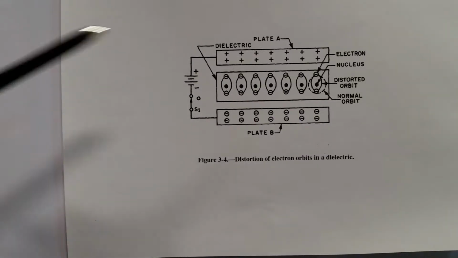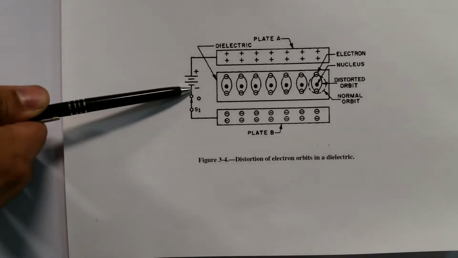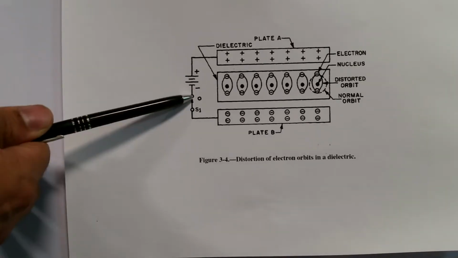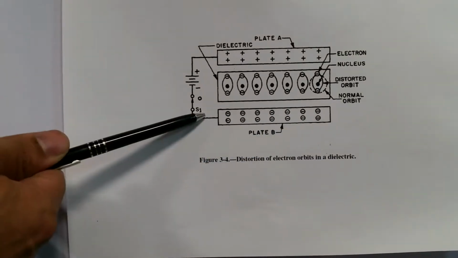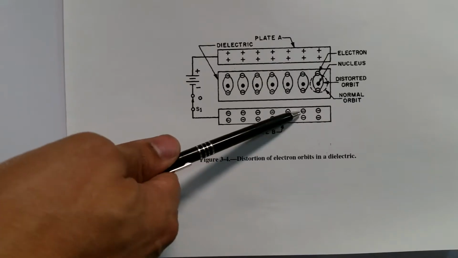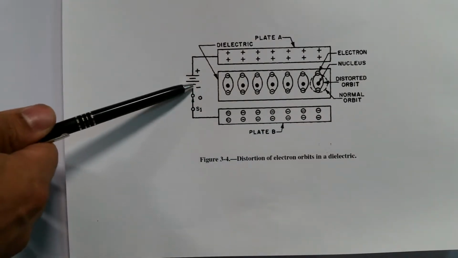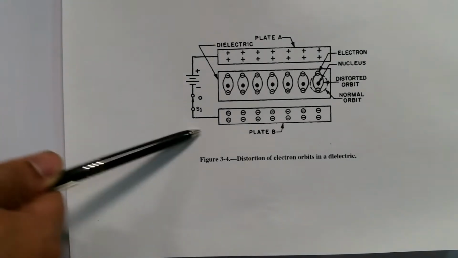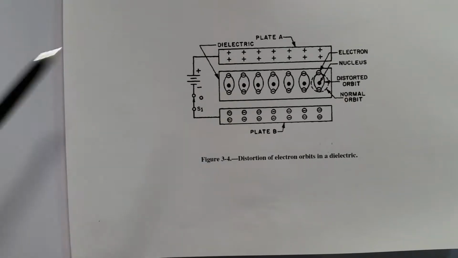As you can clearly see over here, we have the symbol of a battery. This is a 2-cell battery, and the negative, with this switch closed, is attached to the bottom plate. Electrons from the battery flow into the plate and fill this bottom plate with electrons.